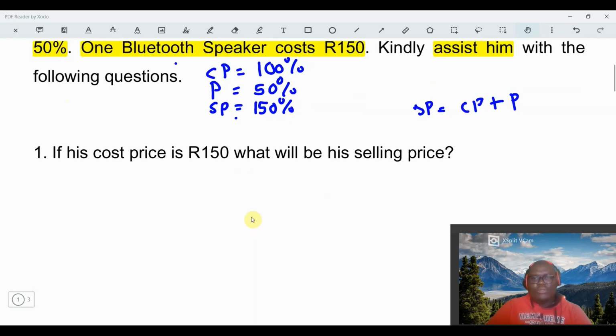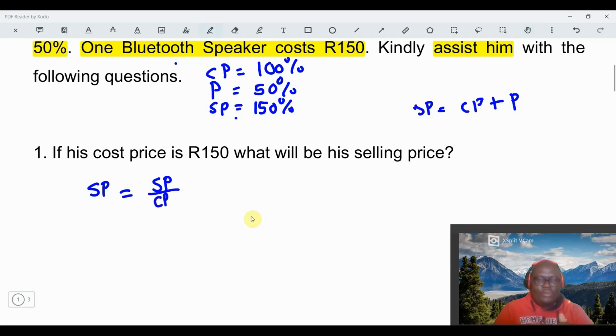So for us to be able to do that, we are going to say that the selling price is equal to, whatever you want must always be at the top. So we're going to say selling price is equal to selling price over the cost price, which is what we're given, over the cost price.